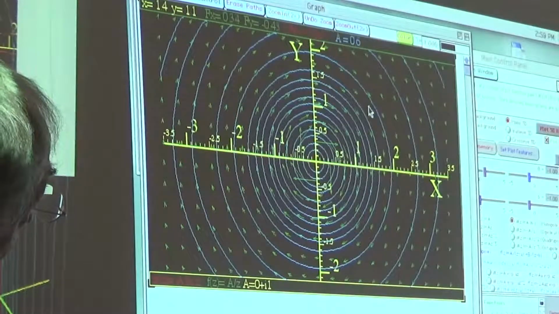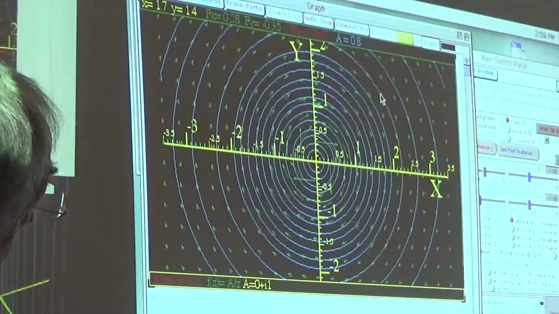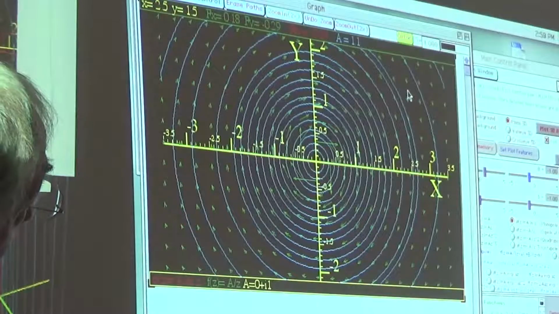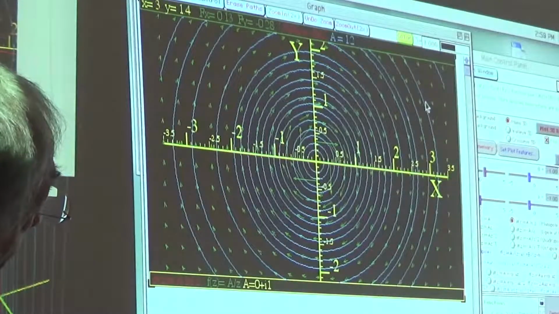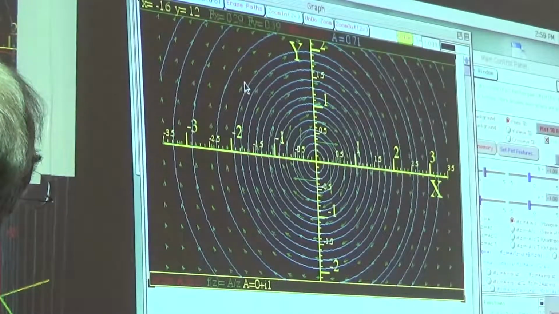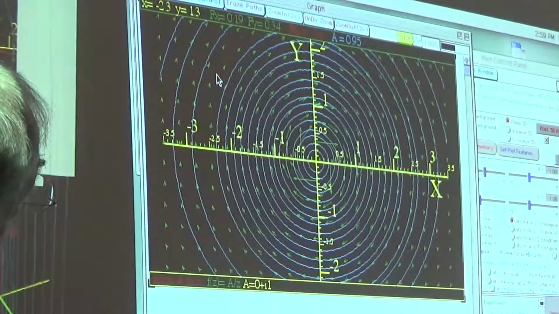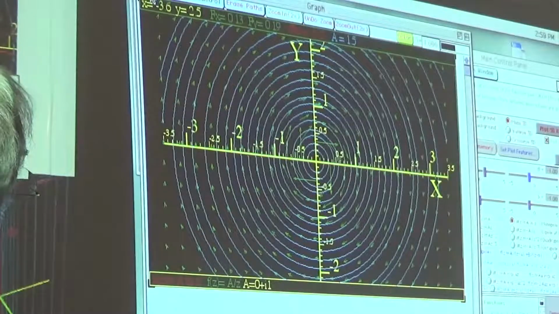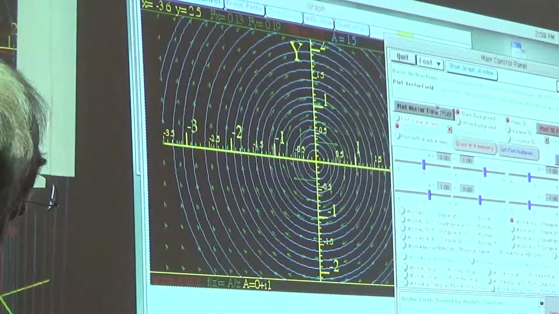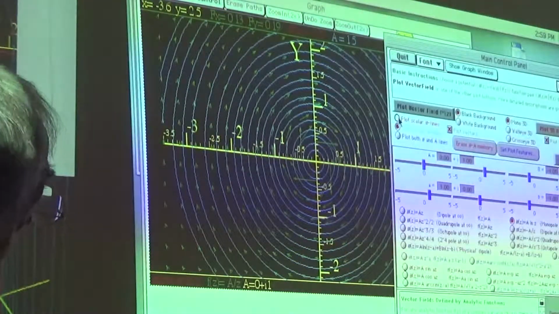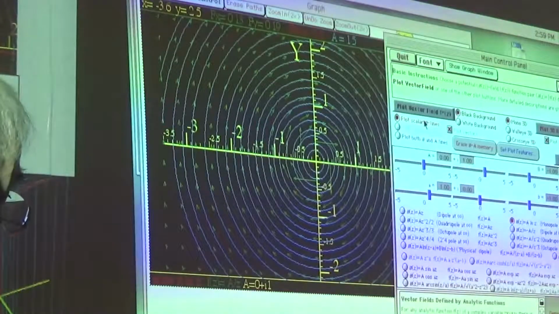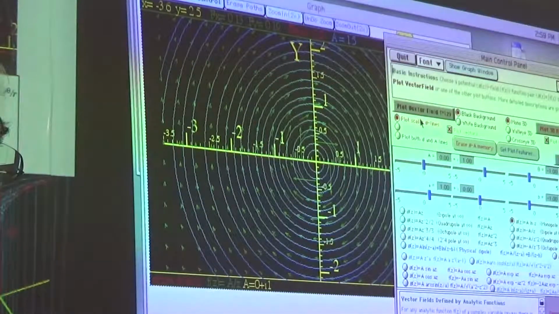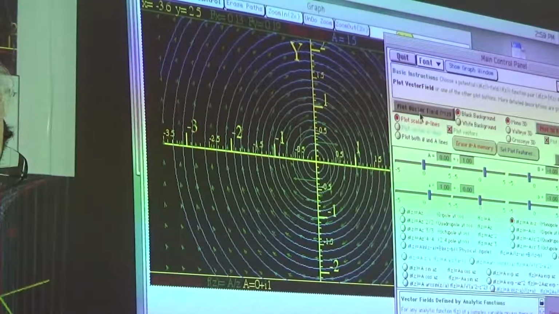Maybe this one will be an easier helix to look at when we look at this scalar potential, the phi. Okay, that ought to be enough there. And then I'm going to go back there, get my scalar potential, and plot it on this thing.